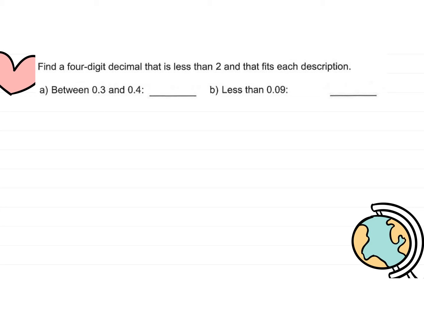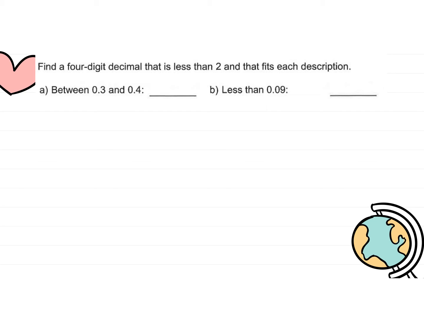0.3 and 0.4, there are lots of different numbers. You could do 0.31, 0.32, 0.33. You could also put any other number of digits on here, and they would still be between 0.3 and 0.4.